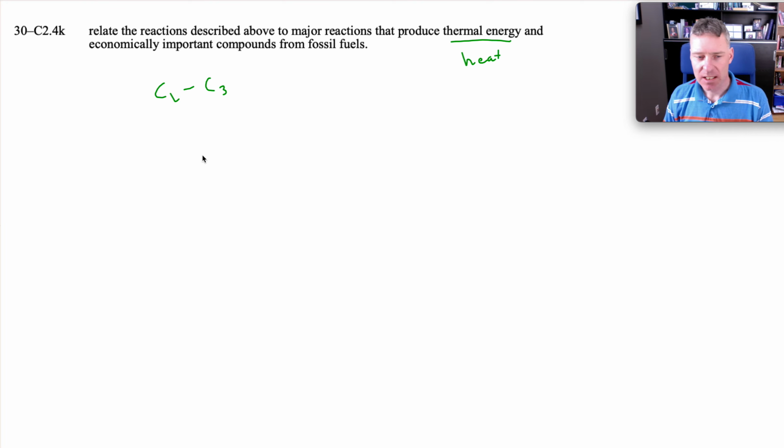C4 butane is a liquid at SATP, and all the way up to, let's call it, 12, 13, 14 are other common fuels, whether it's jet fuel, gasoline, diesel fuel. Okay, and obviously you burn those to get thermal energy. So not really an outcome you study for, but hopefully something you've picked up throughout this course.